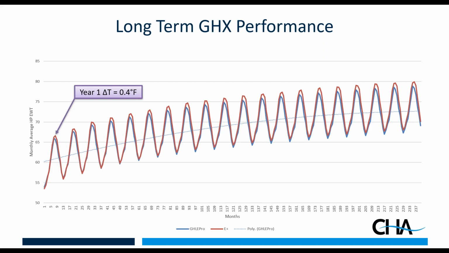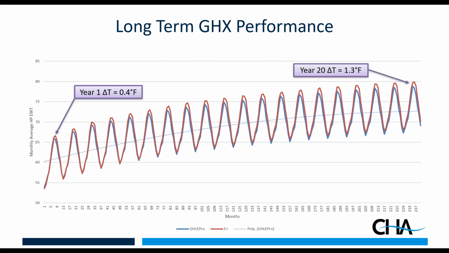So at year one, we're looking at average entering water temperature over a month. That peaked 0.4 degrees higher than what the ground heat exchanger program was asking. But as you can see, over 20 years, it's tracking that gradual rise in the temperature exactly as the ground heat exchanger program is.